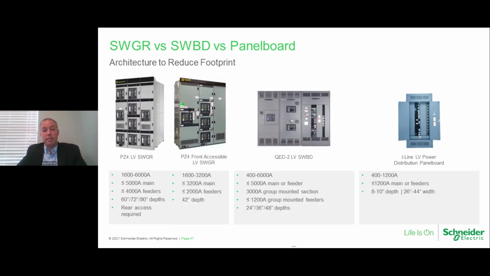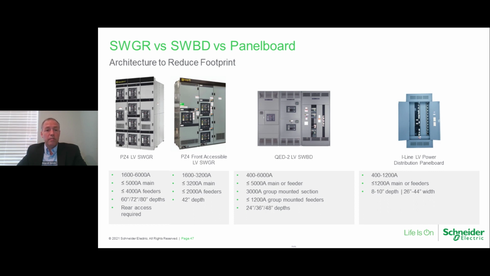One of the big things is switchgear versus switchboards versus panel boards. It's a very common thing, especially in industrial applications, to see people try to move up a class in equipment, and there's an impact not only on cost but also on the footprint of the equipment itself.